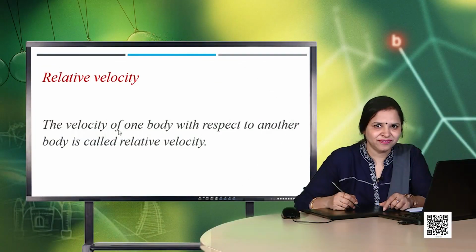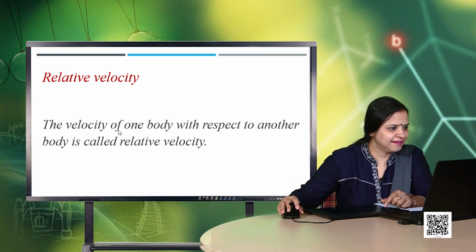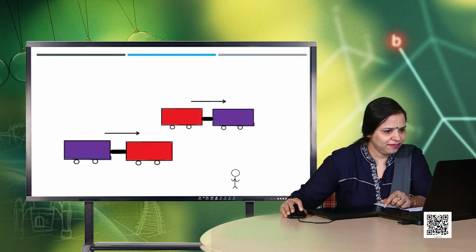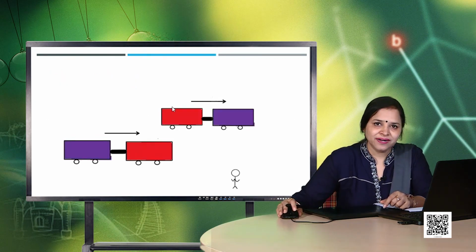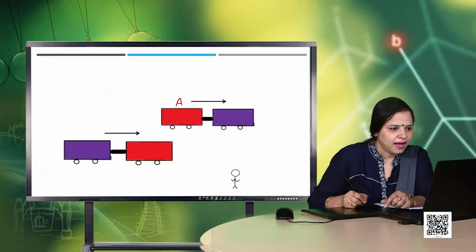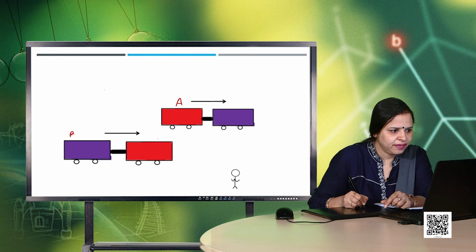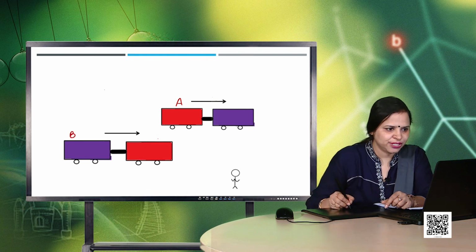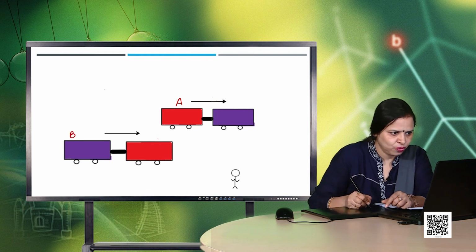To understand the concept of relative velocity, let us consider a situation in which you are travelling in a train A, and another train B is moving in the same direction in which train A is moving.